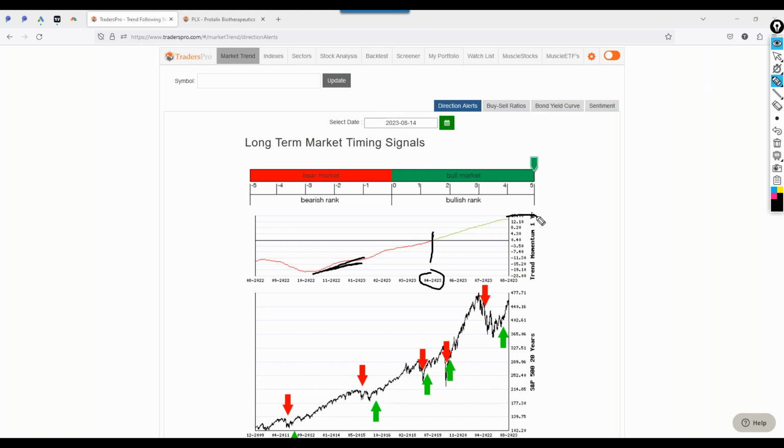Now, if we're at the upper end of this range, which I believe we are, at least in the short term, then we will probably see this also start to turn. And that's some of what I want to go over today as well. So our long-term trend, we're obviously in this uptrend, and we're at the upper range of that.